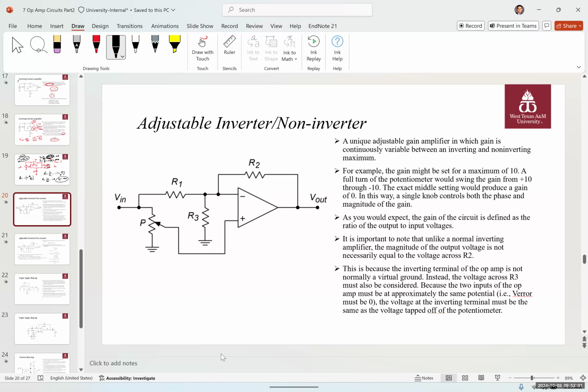Therefore, you're not going to have a virtual ground on the inverting side, or V negative, as well. And this voltage, I'm going to call it VA, is going to be equal to VB, which is not zero. So the previous one was zero, this is not zero. So you're going to have a little bit of boost in the voltage.